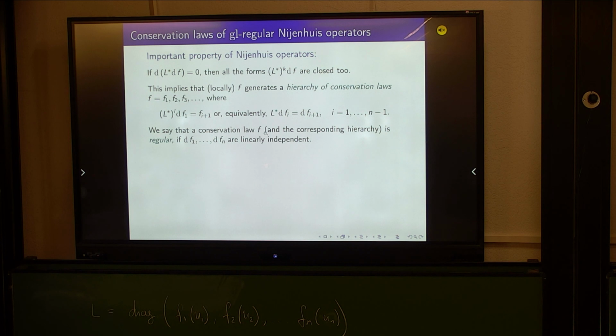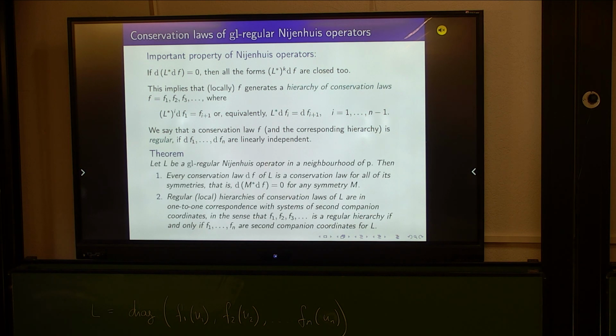Now the theorem. The first statement: every conservation law of a Nijenhuis operator is a conservation law for all of its symmetries. So all of them possess the same conservation laws, basically.